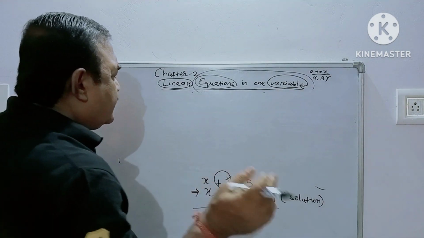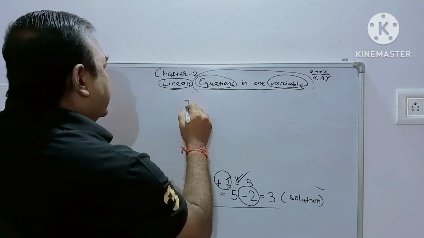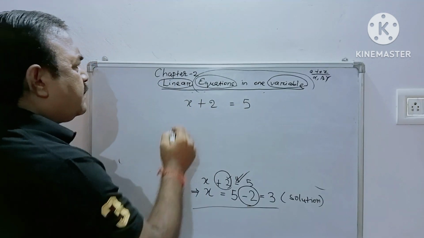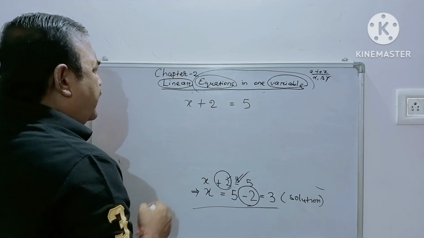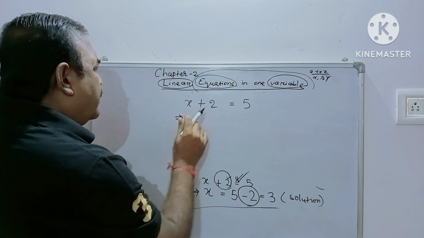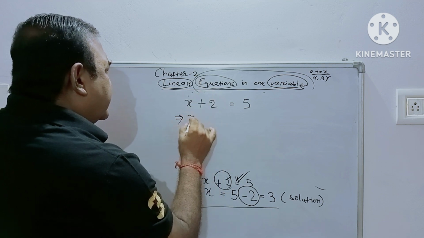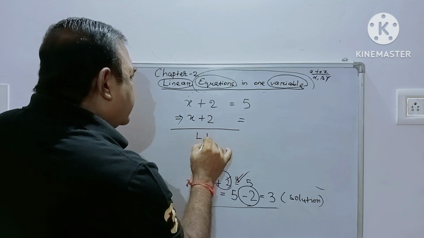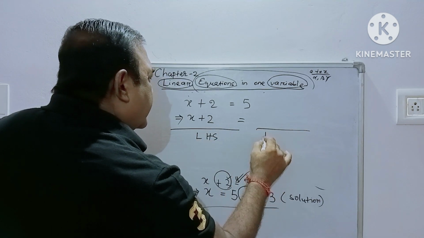Why does this happen? Actually, let me write the same equation: x plus 2 is equal to 5. If I want to isolate x, I have to write only x here, so I will have to remove this. This is the left hand side, LHS, and this is the right hand side.